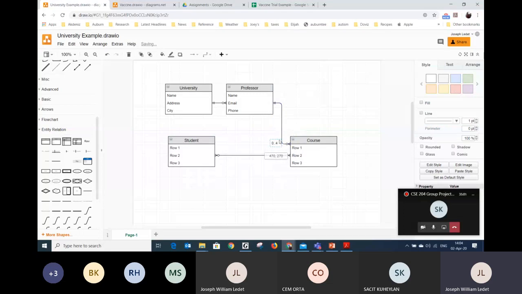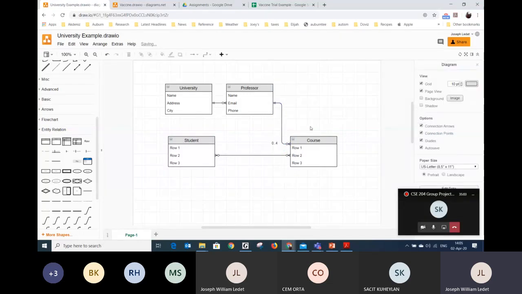They can teach 0 courses, they can teach 1, 2, 3, or 4 courses, but we don't want them teaching any more than that. So what does it mean for the course to be optional in this relationship? It simply means that if a professor exists, they don't have to teach a class.